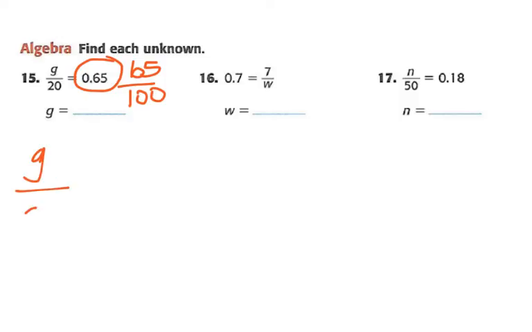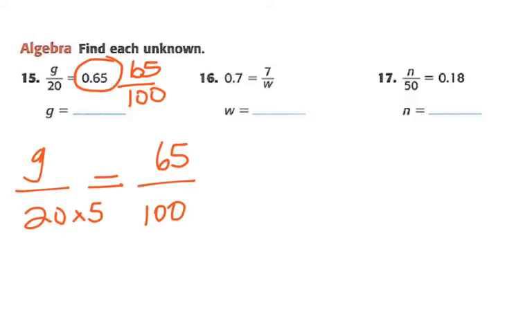So I know g over 20 equals 65 over 100. I just converted 0.65 into a fraction of 65 hundredths. So I know that they multiplied 20 times 5 to get to 100. And then g, whatever g is, they multiplied that by 5 to get to 65.